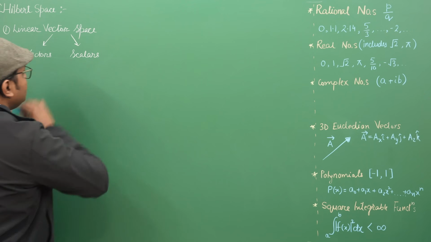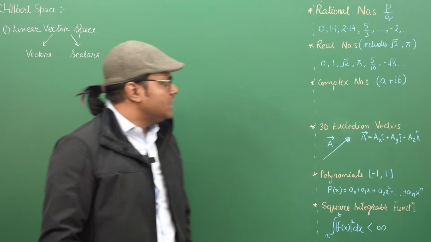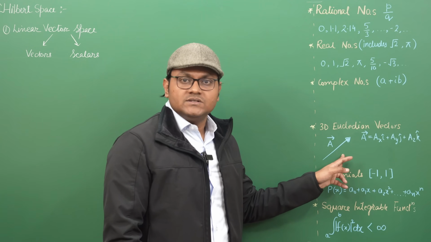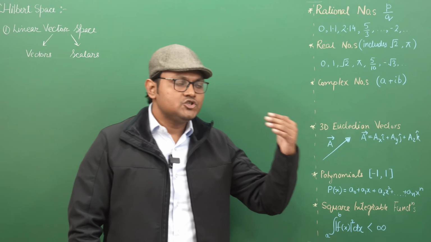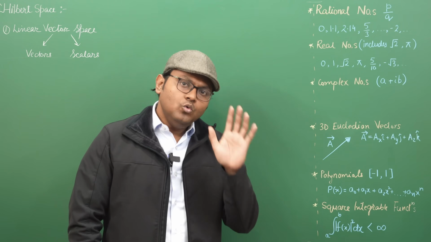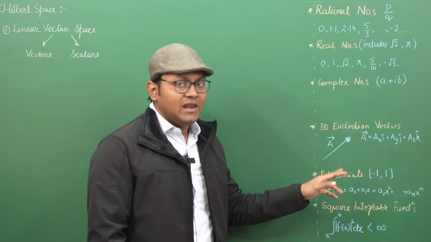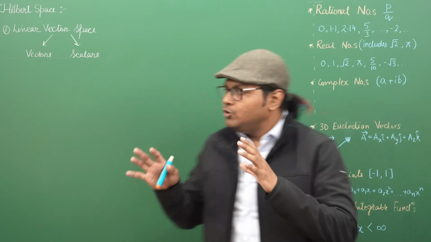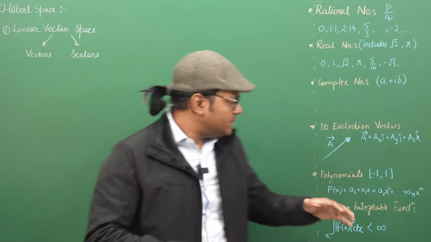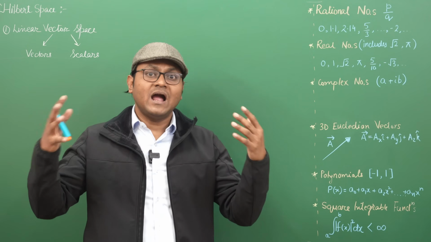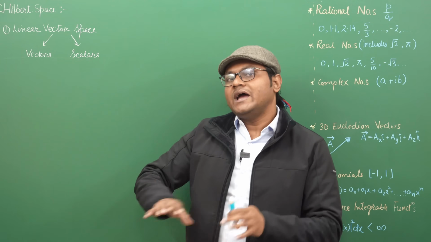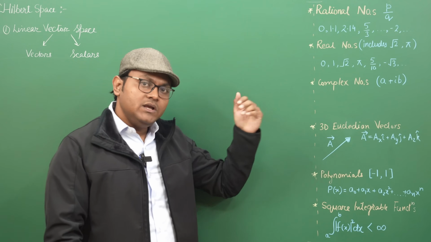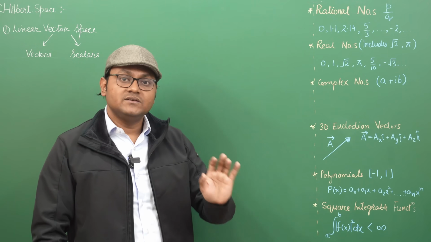Now, here I need to make one very important distinction: when I say vectors, I do not necessarily mean geometrical vectors, because till this point in school and college physics, we are only used to vectors as lines or arrows having a magnitude and a direction. What we are doing right now is taking these concepts of vectors into a much more abstract form. So when I say vectors here, I do not necessarily mean 3D vectors, but in mathematics we can have various other kinds of vectors as well.